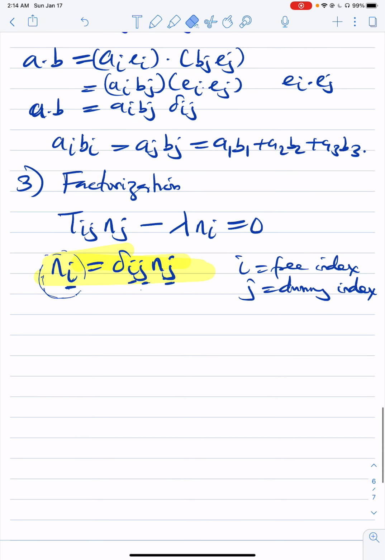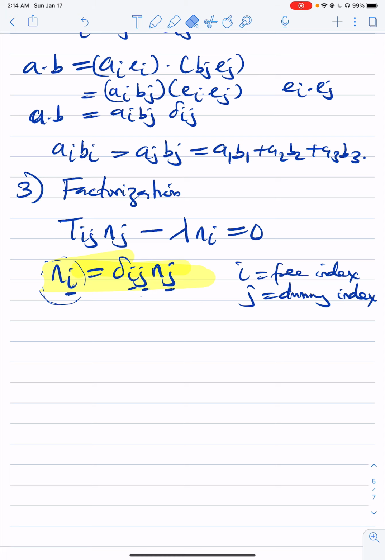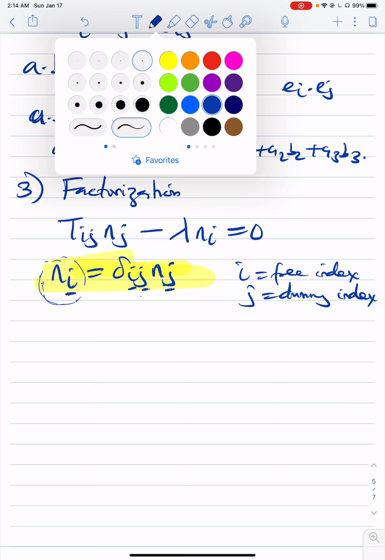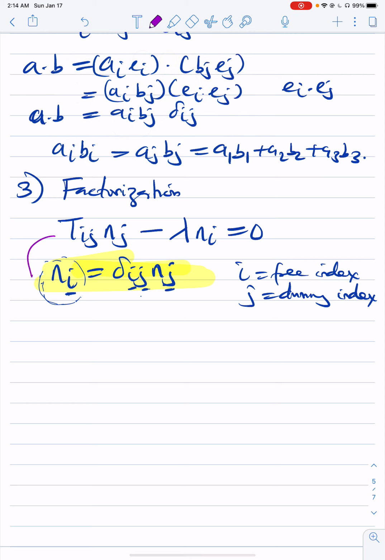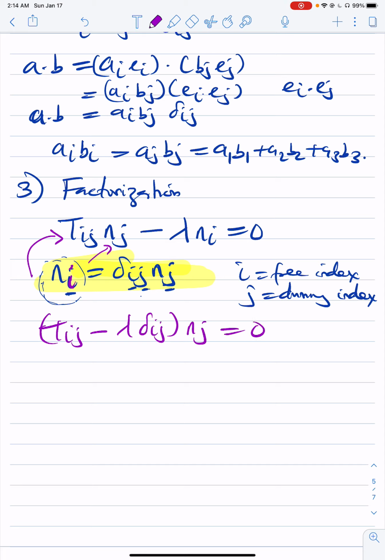You can then substitute this into this. Now, if you look at it, this n_i can be substituted, so T_ij n_j minus lambda delta_ij n_j equals 0.